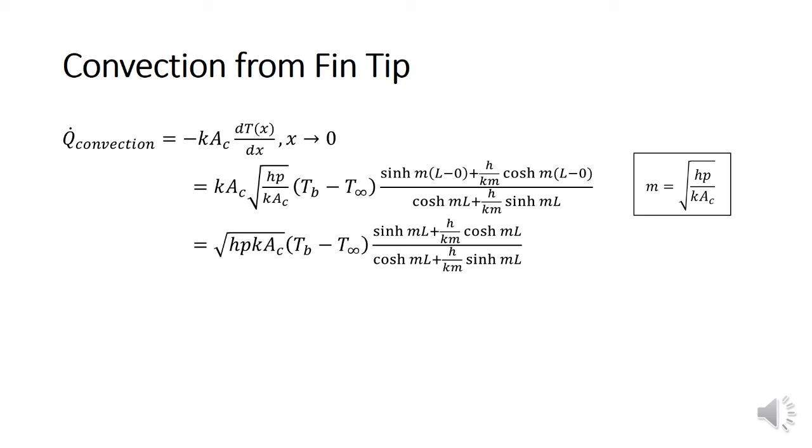We substitute and factorize, and we find it equals the square root of hPkA times (T_b minus T infinity) times (sinh mL plus h over km cosh mL) over (cosh mL plus h over km sinh mL). This is the general equation of the four, and this is how I derive it.